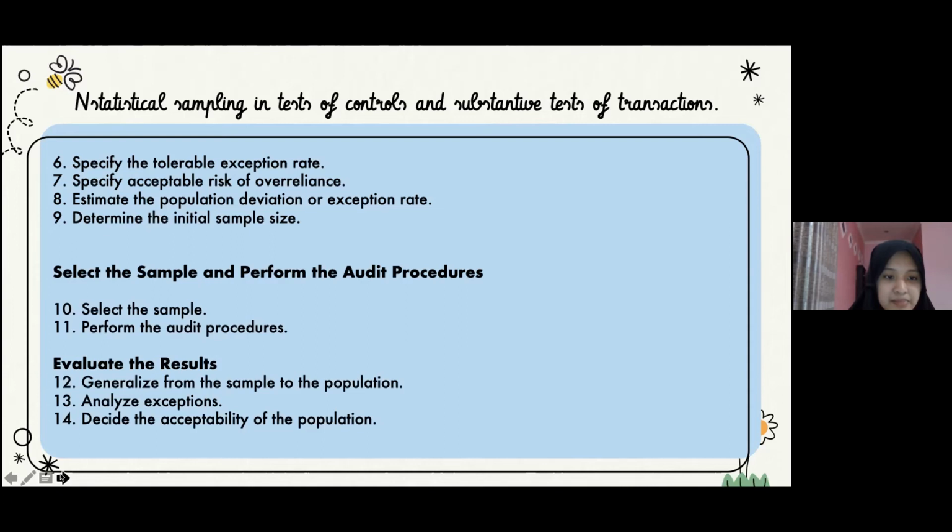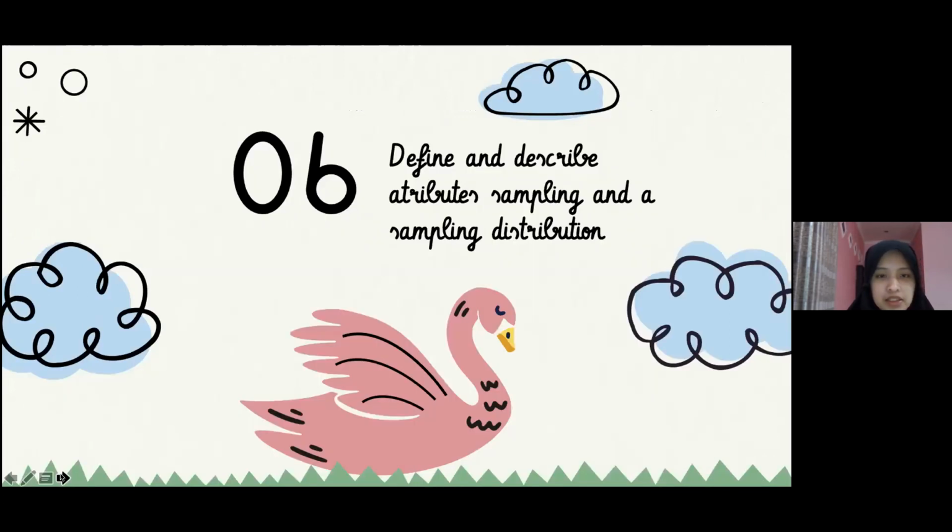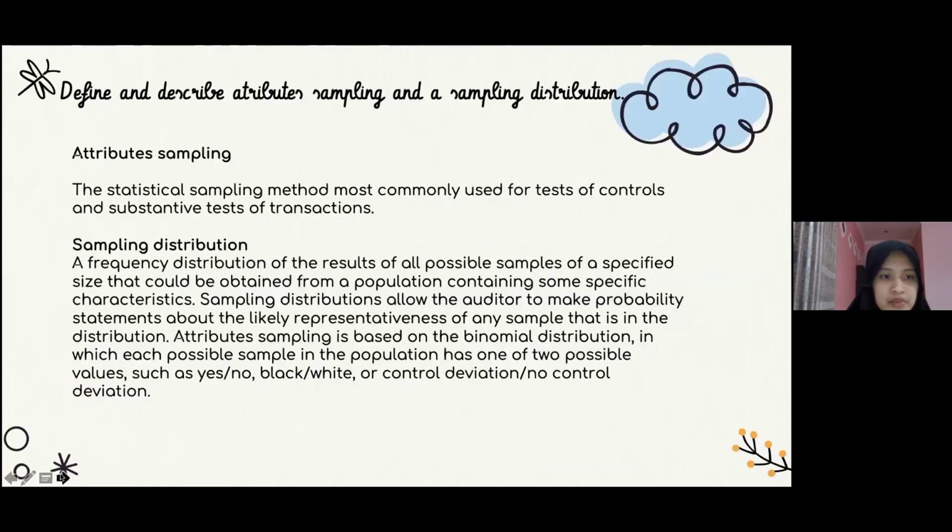Next part is part 6, about defining and describing attribute sampling and a sampling distribution. Attribute sampling is the statistical sampling method most commonly used for tests of controls and substantive tests of transactions. The sampling distribution is a frequency distribution of the results of all possible samples of a specified size that could be obtained from a population containing some specific characteristic.